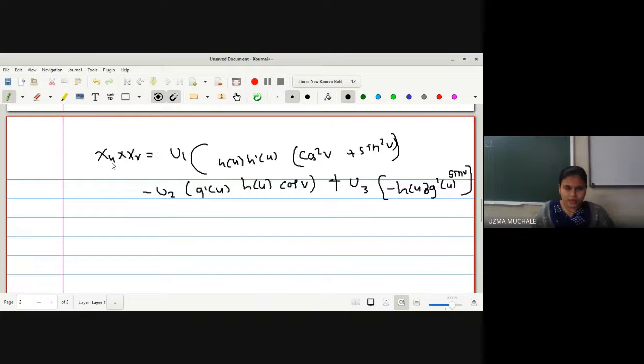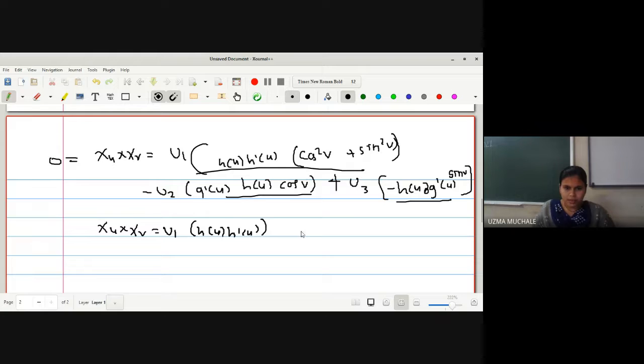Okay, so when will xu cross xv be equal to zero? When this term and this term become zero, right? So what are the terms, let me write down first. xu cross xv is equal to u1, the coefficient of u1 is h of u, h dash of u, plus the next term is u2, with negative sign we have g dash of u and h of u cos v. Next term is u3, with again negative sign we have h of u, g dash of u and sin v.